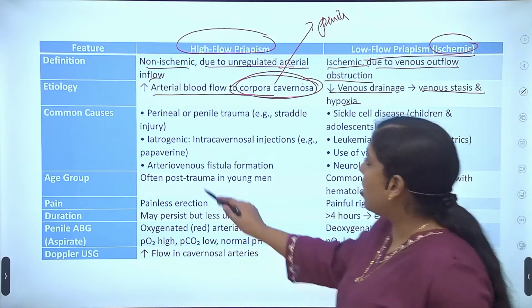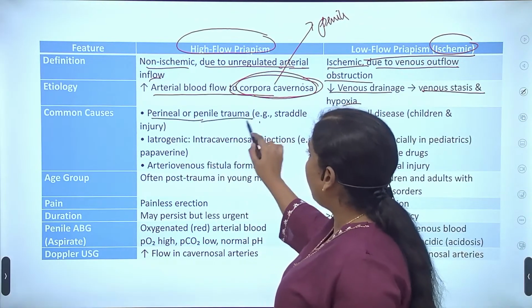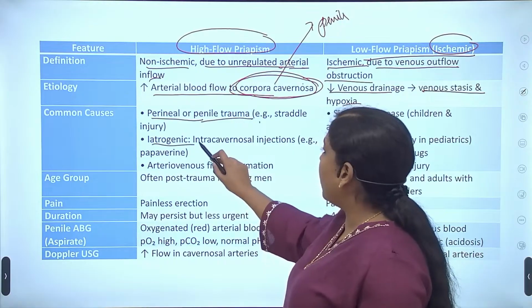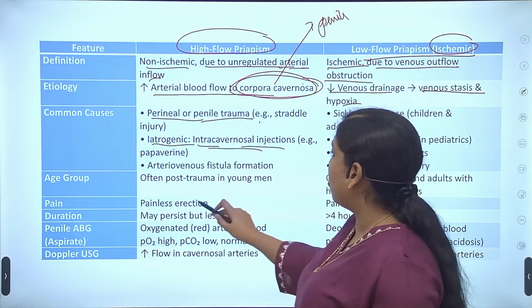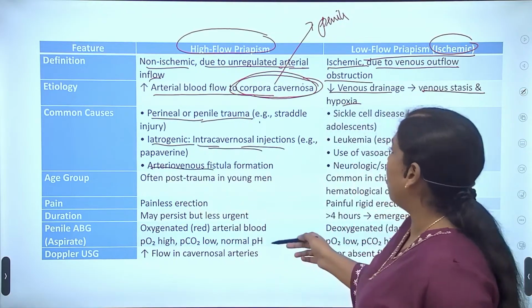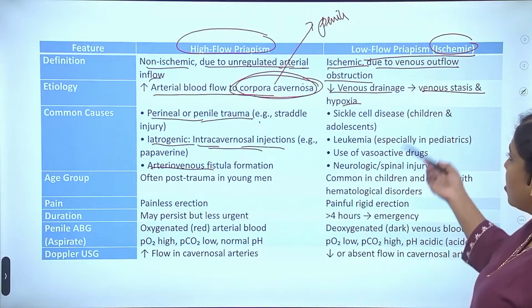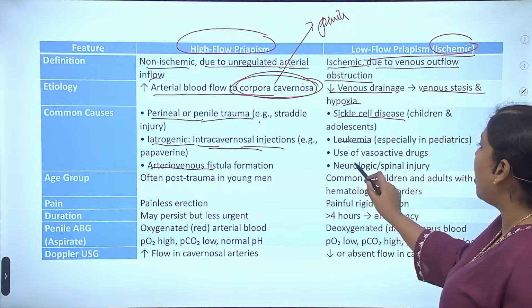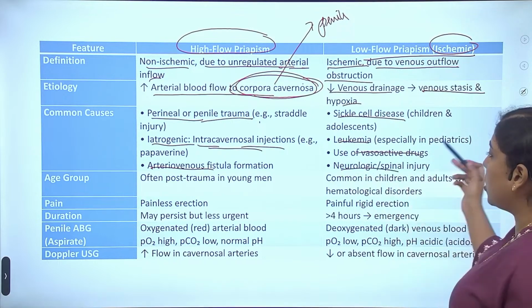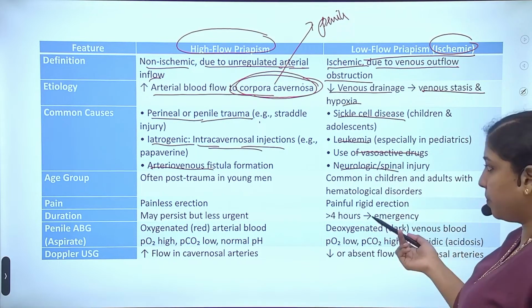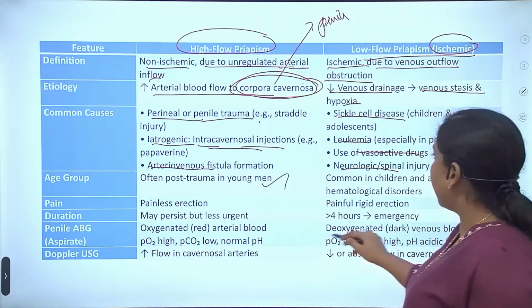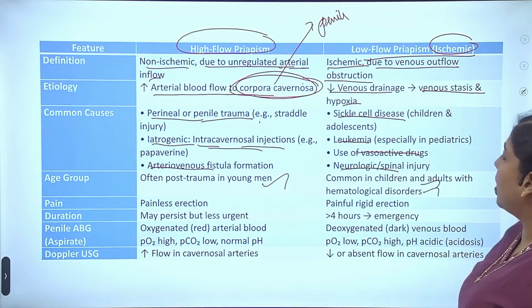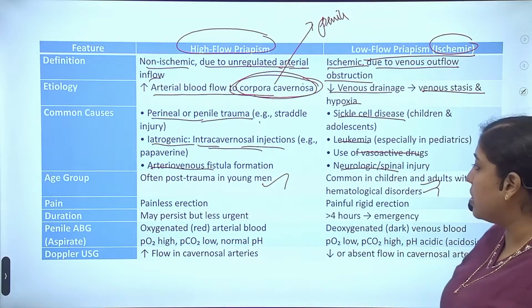Common causes in high flow are perineal or penile trauma, iatrogenic causes such as intracavernosal injections, and arteriovenous fistula. What are the causes in low flow? All coagulating states such as sickle cell anemia, leukemia, use of vasoactive drugs, and neurological spinal injury. Post-traumatic, common in children and young adults with hematological coagulative disorders.